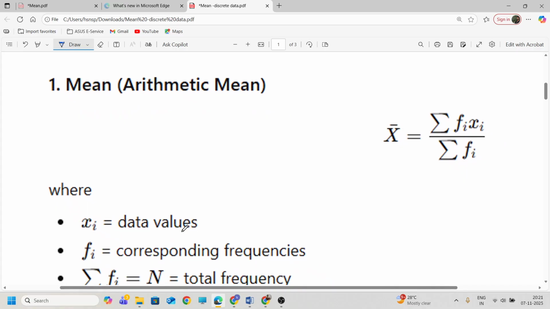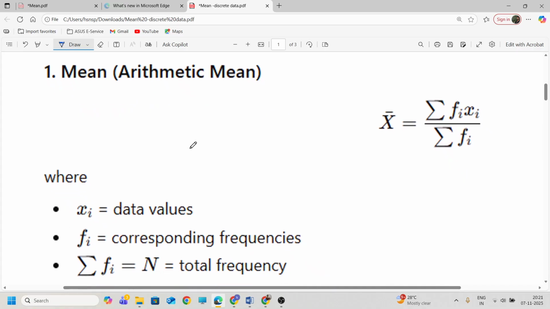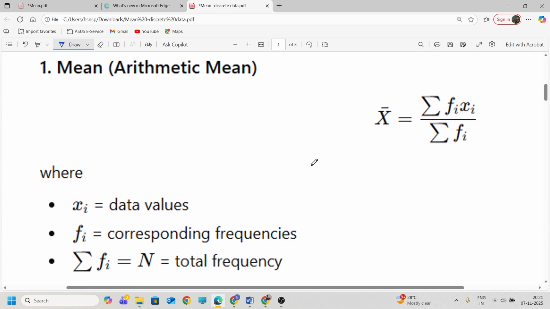formulas for finding the mean value for discrete data. Here mean x bar equals sigma f into x divided by sigma f. Already I told you, the summation of data here is the data with frequency, divided by the total number of data.